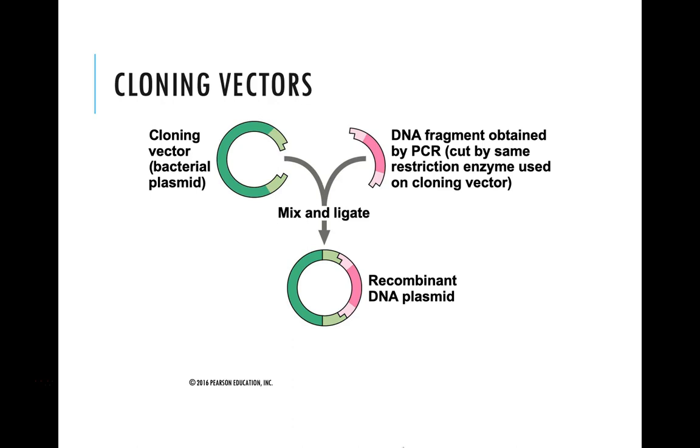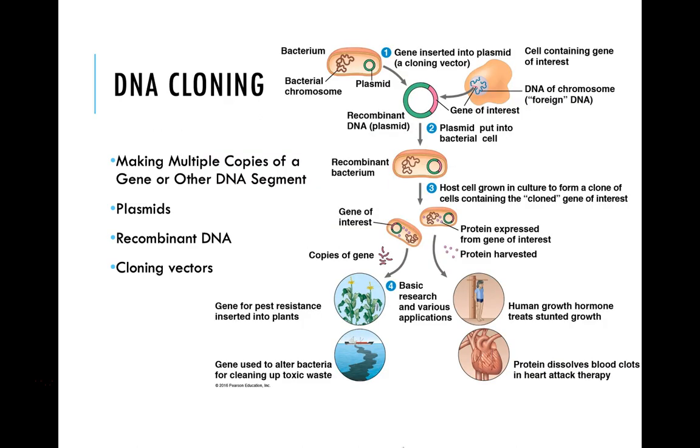And eventually you have what we call a cloning vector, and you have made it into a recombinant DNA plasmid. So a cloning vector just means a vehicle, basically, for inserting your DNA that you want. And then you're going to put this back into the bacteria that it came from. And when you do this, you're going to allow that bacteria to express the gene that you're interested in.